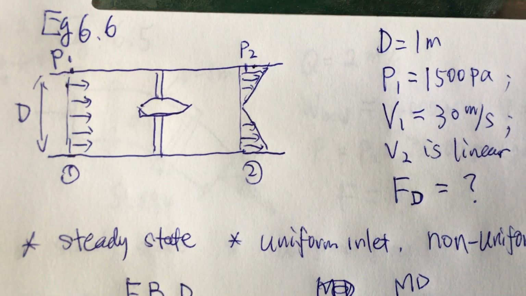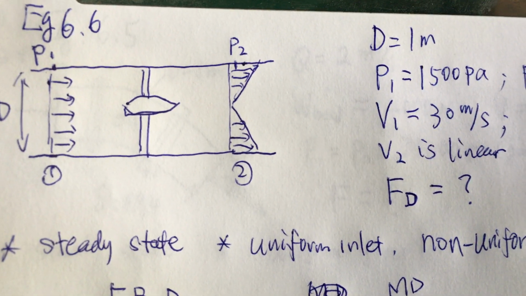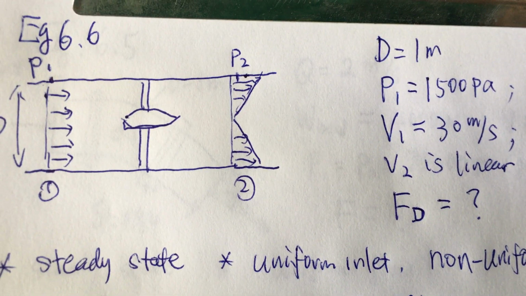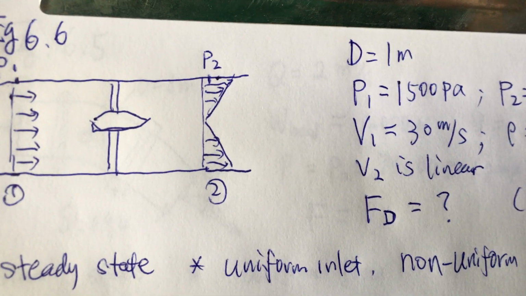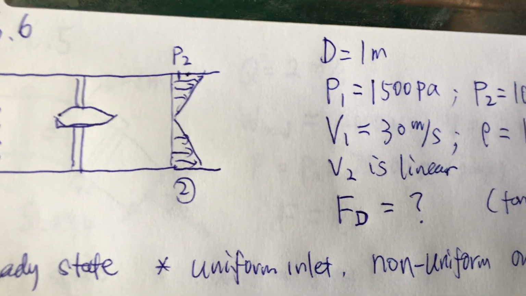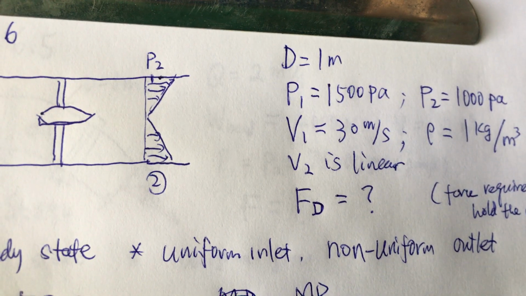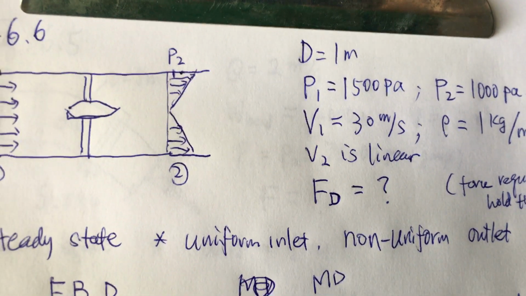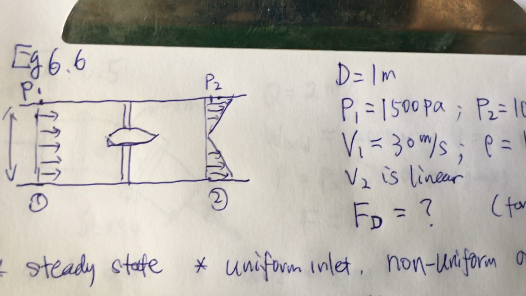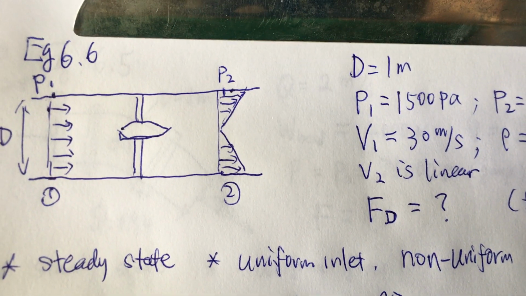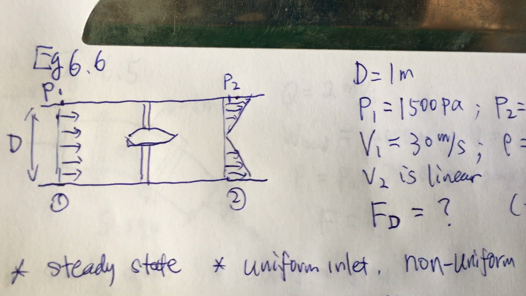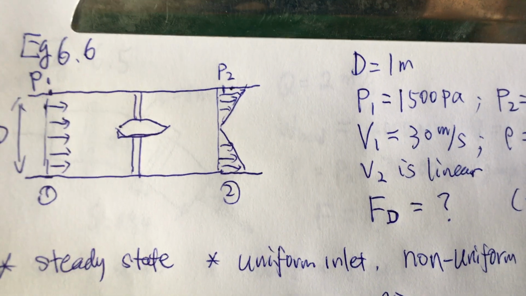Now you need to look at the inlet and outlet separately. At the inlet, obviously it's still uniform, 30 meters per second. But at the outlet, it's a non-uniform velocity. So you need to do integration, at least for the outlet part of the momentum.